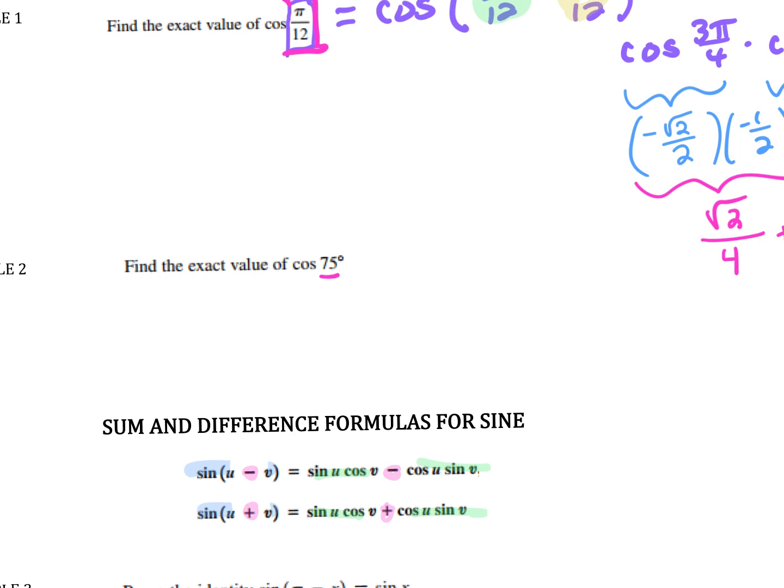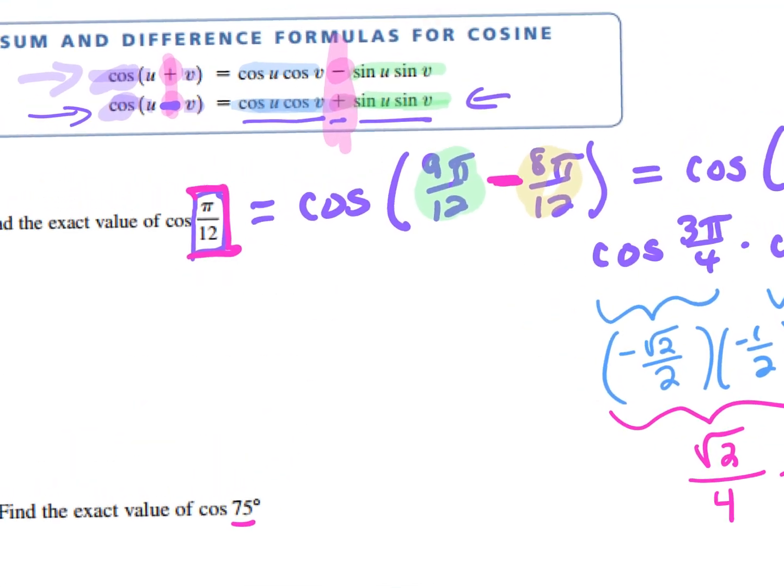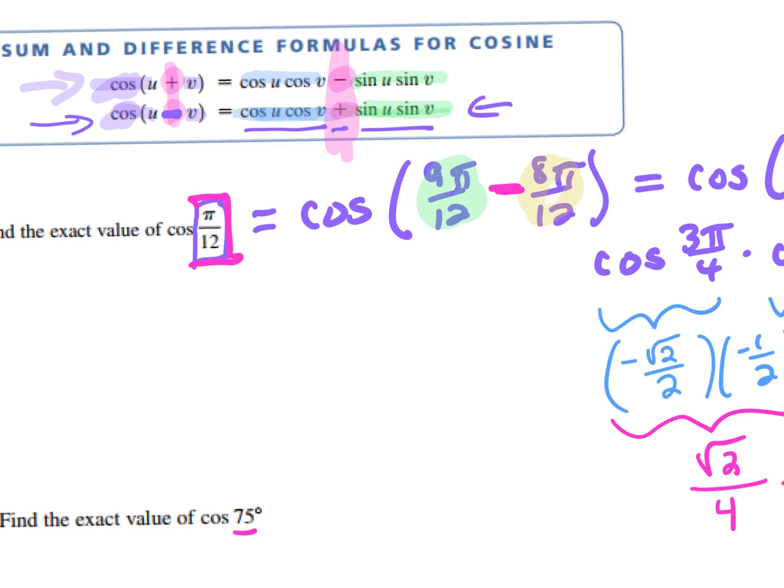We could add 30 plus 45, or we could subtract some bigger numbers. I don't know, off the top of my head, I'm not coming up with anything, but we could subtract probably and get, yeah, if we did 135 minus 60, we would get 75 also. So in some instances, depending on what the values are, you might, like in this case, with the pi over 12, we had to subtract.